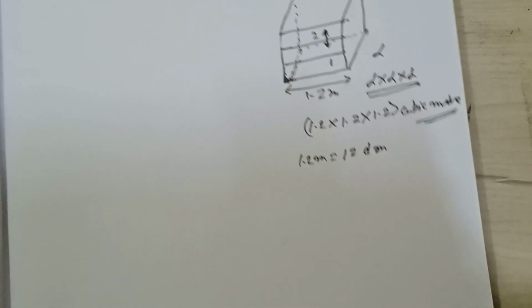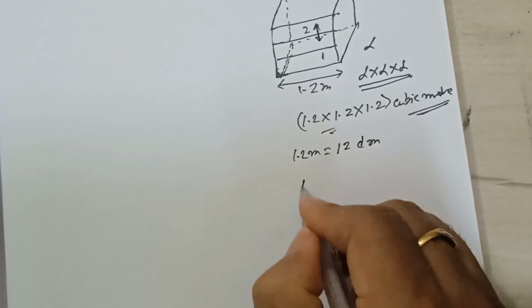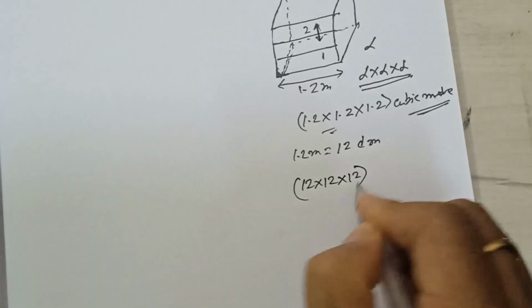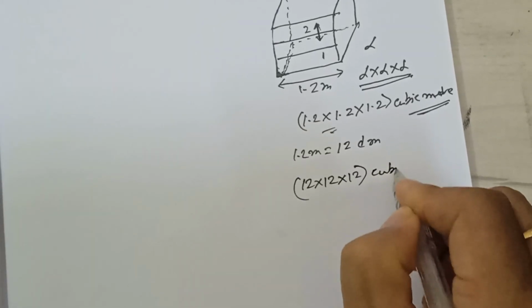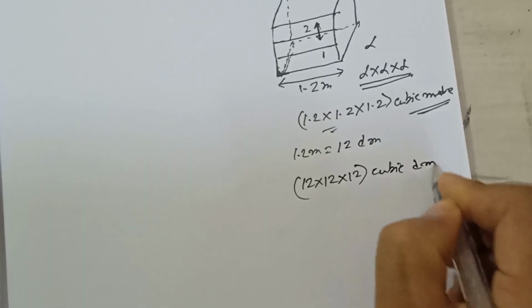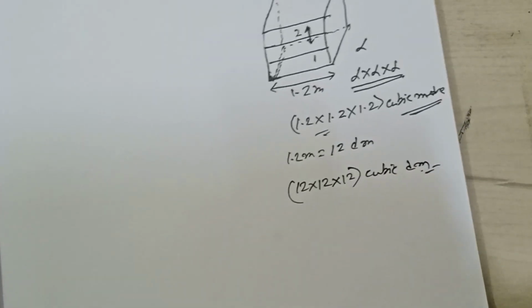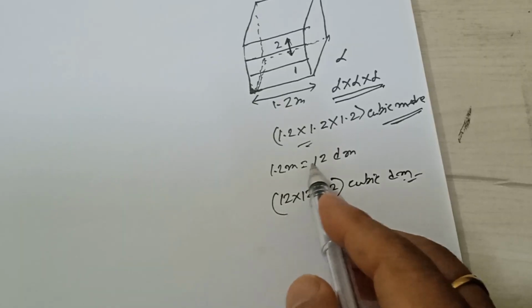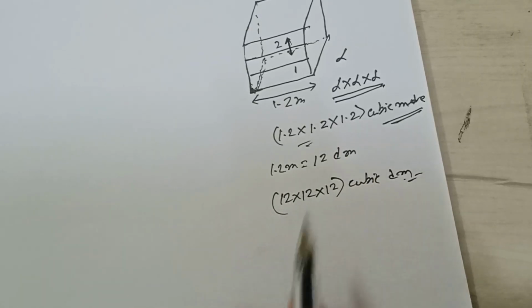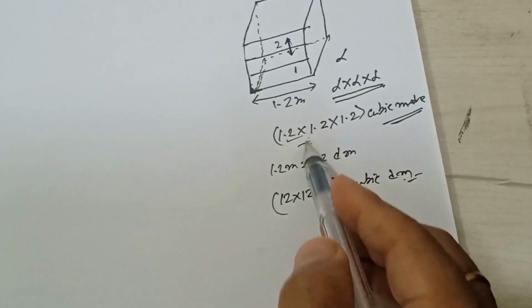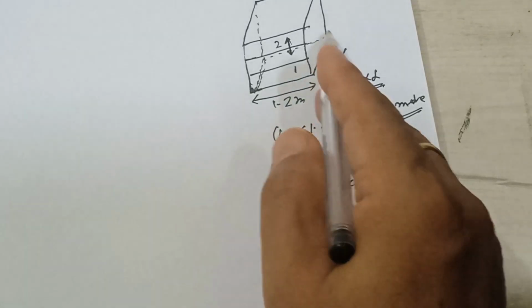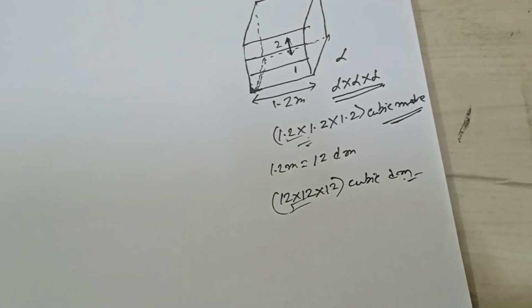Then this one becomes 12 into 12 into 12 cubic decimeter. Right? 1.2 meter is 12 decimeter. So this is length, breadth, height, 12, 12, 12 cubic decimeter.